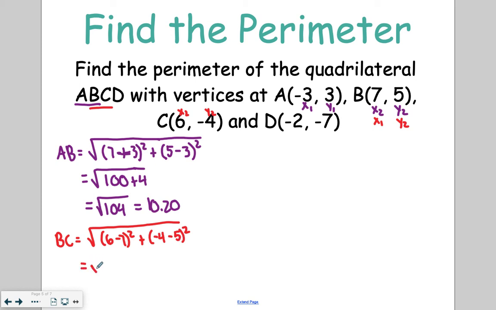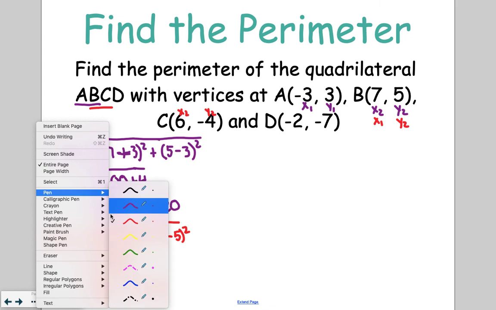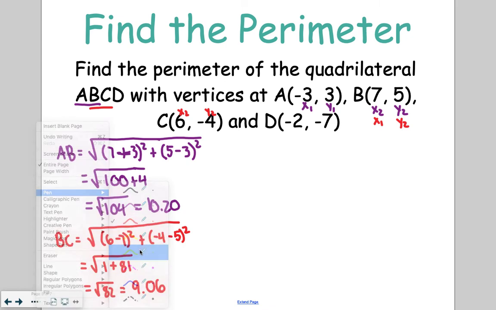When I do 6 minus 7, that's -1. Squaring it is +1. -4 minus 5 is -9. Squaring that is +81. So I am looking for the square root of 82, which is going to give me 9.06.